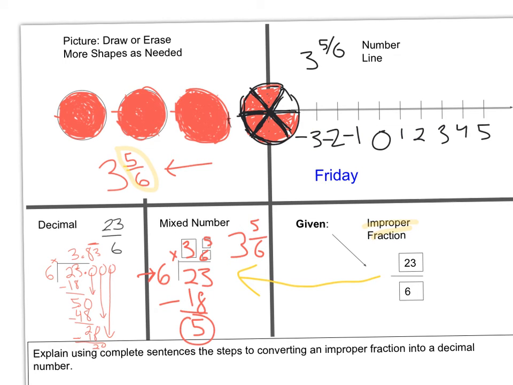Let's look at the number line. We're going to put the number 3 5/6 on the number line. Here we go. First off, we have our whole number 3, so we're going to start at 0 and we're going to jump 3 units in the positive direction. That's 1, 2, 3. But now we have to deal with the fraction portion, 5/6. And in order to do that, I'm going to split the units into 6 pieces, and I'm going to have to zoom in to do this.